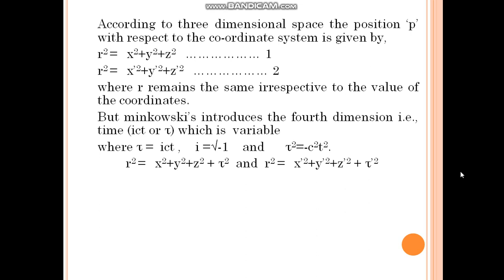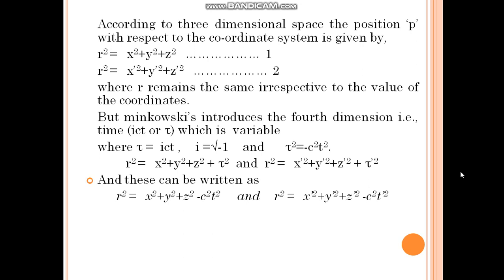If we add tau square in 1 and 2, we are going to get the expression r square is equal to x square plus y square plus z square plus tau square, and r square is equal to x dash square plus y dash square plus z dash square plus tau dash square. Here tau square is equal to minus c square t square.